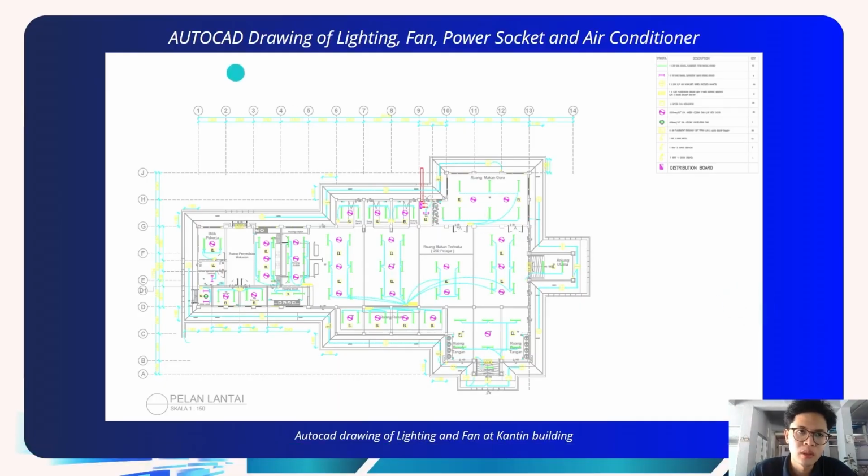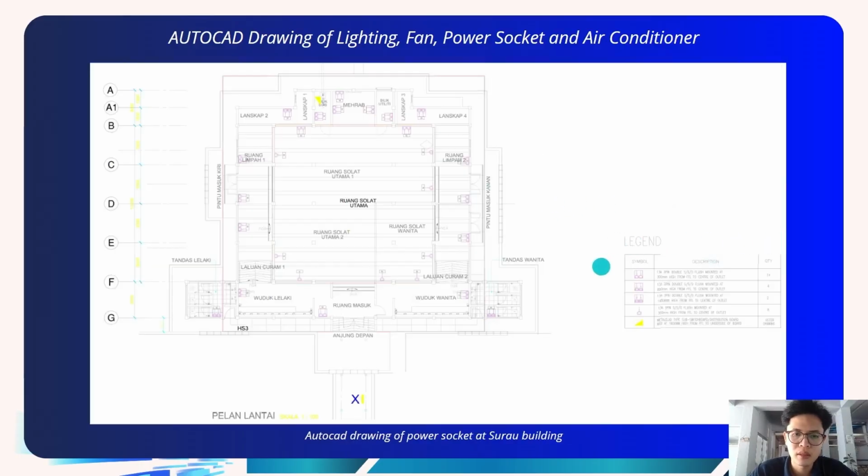So I will show you the AutoCAD drawing for lighting and fan. We have to draw lighting and fan in the AutoCAD. Also, the DB will be placed in the billet switch. Next, this is for the power socket.